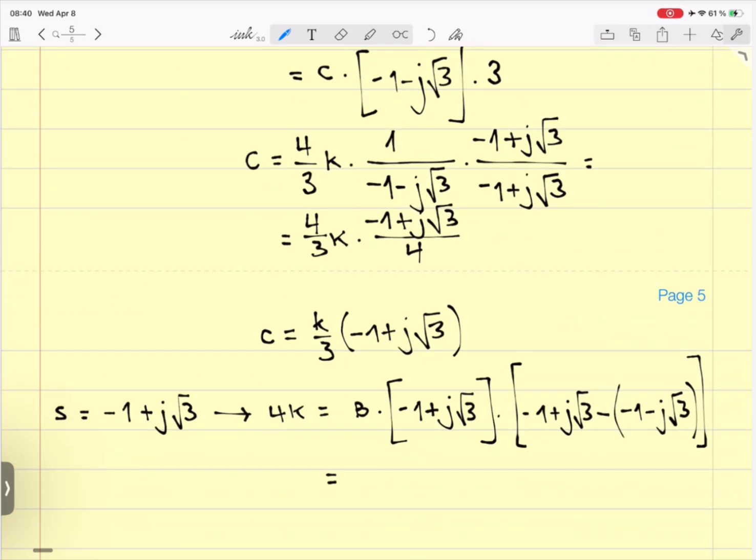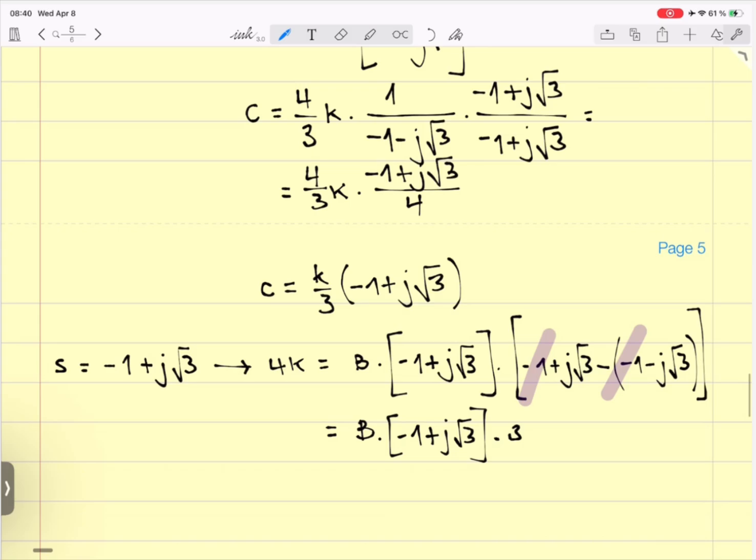So again, this becomes minus 1 goes with plus 1, this becomes b times (minus 1 plus j square root of 3) times, minus j square is plus 1, 3.